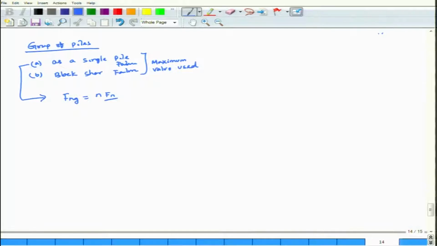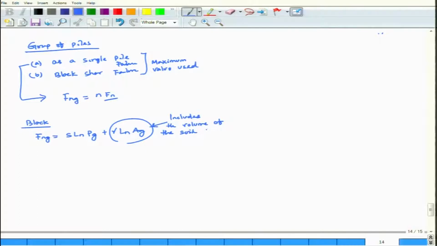For a block, if I consider, it will be S L n P g plus gamma L n A g. This includes the volume of the soil enclosed in the group.